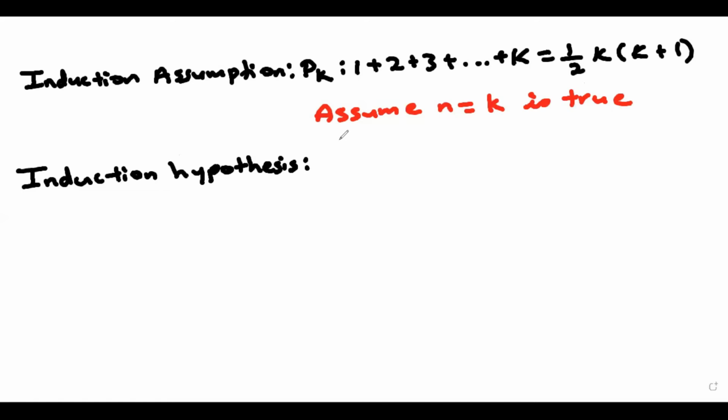So now we have our induction hypothesis, and this is where you substitute n for k plus 1. So you'd have Pk plus 1. So you'd have 1 plus 2 plus 3 plus dot dot dot plus k plus 1.